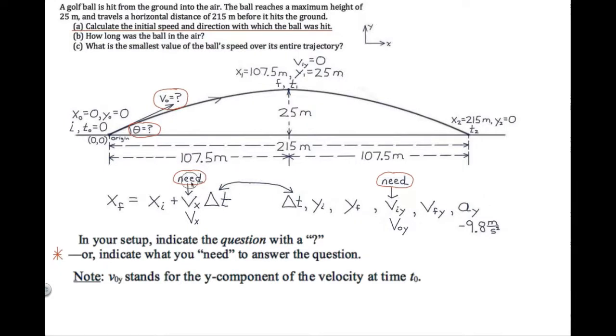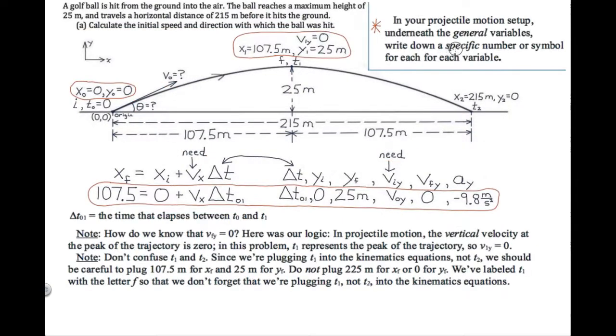So I will label v sub x and v initial y with the word need. For v initial y, we can use the more specific symbol v sub 0y. For v sub x, I will continue to use the symbol v sub x. Substitute specific numbers or symbols into your projectile motion setup, like so.